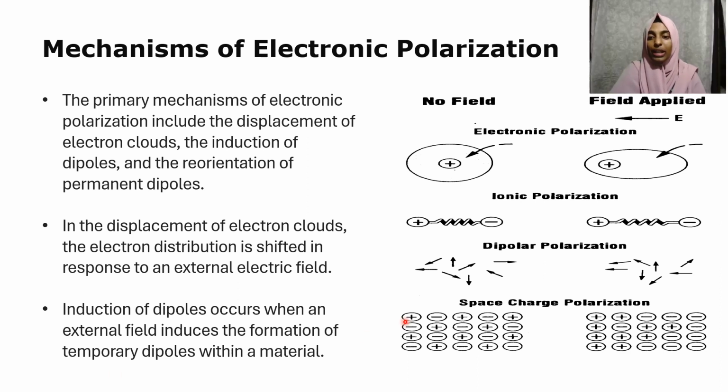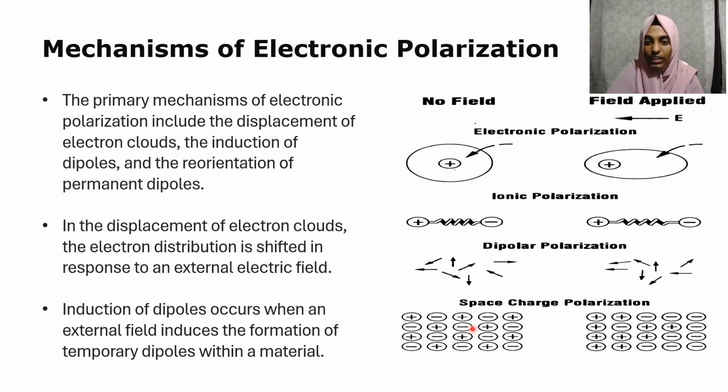In this image, we can see how electronic polarization occurs with no field and when an external field is applied. The right side column refers to the field applied, while the left side is without any external field.